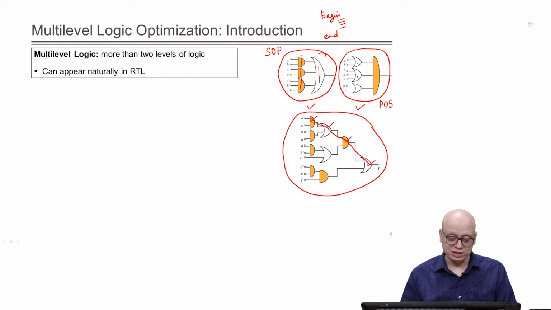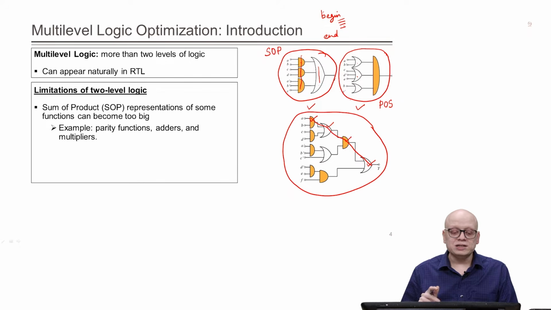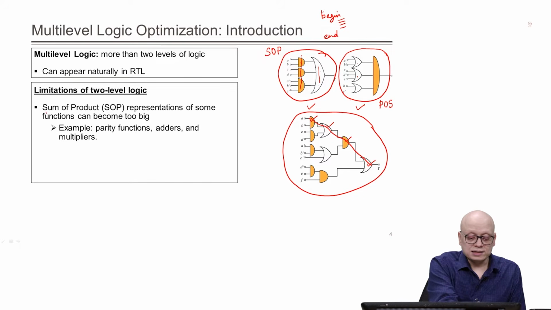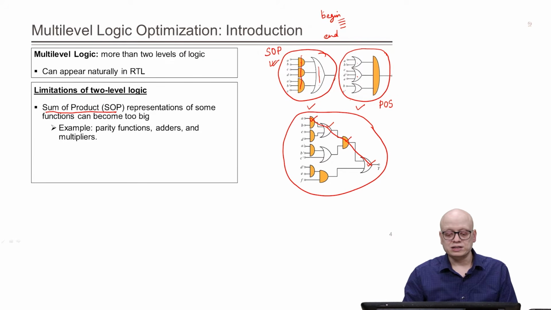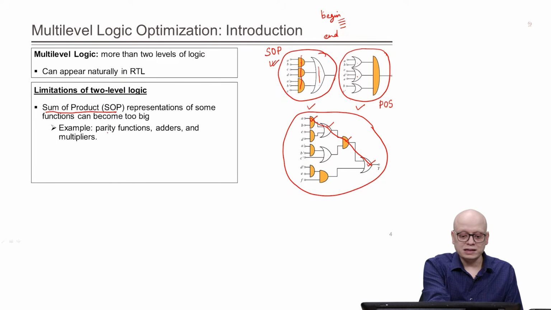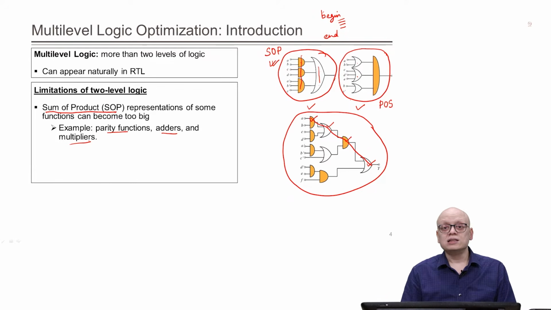The first limitation is that for some types of functions, the sum of product representation of some logic functions can become too big. For example, for parity functions, adders, multipliers, the two-level logic will be very big in terms of area or in terms of representation, and optimizing them may not be that easy.